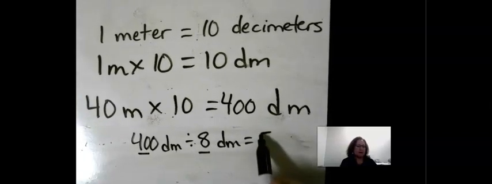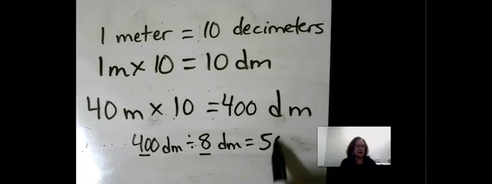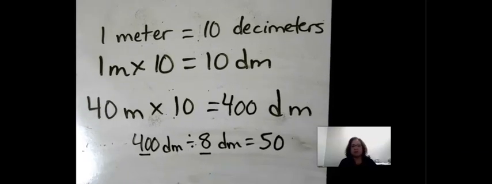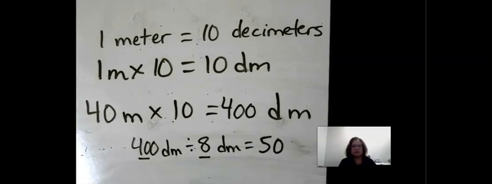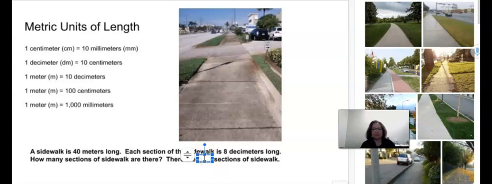Right, it's 5, so 400 divided by 8 is 50. So there are 50 sections of sidewalk. Each of those sections is 8 decimeters long.